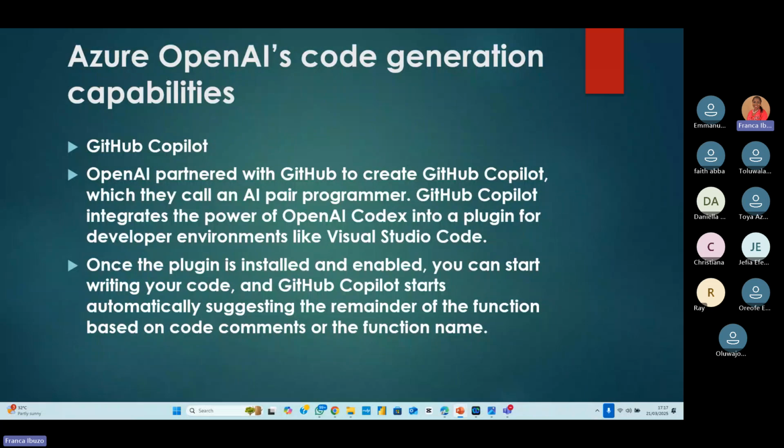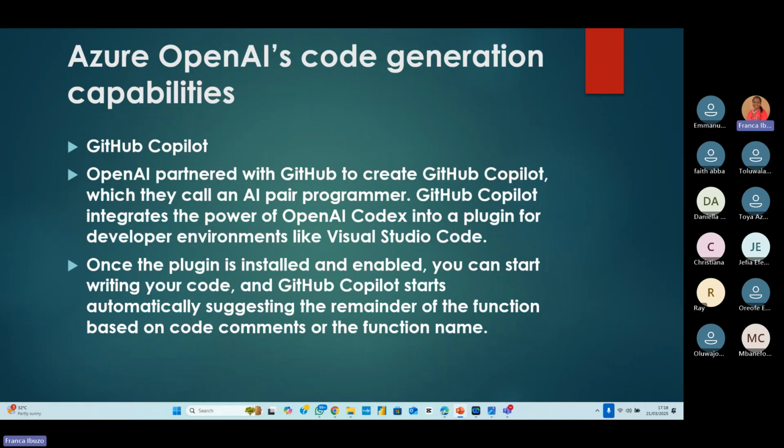The Azure OpenAI code generation capabilities, GitHub Copilot. OpenAI partnered with GitHub to create GitHub Copilot, which they call an AI pair programmer. GitHub Copilot integrates the power of OpenAI Codex into a plugin for developer environments like Visual Studio Code.